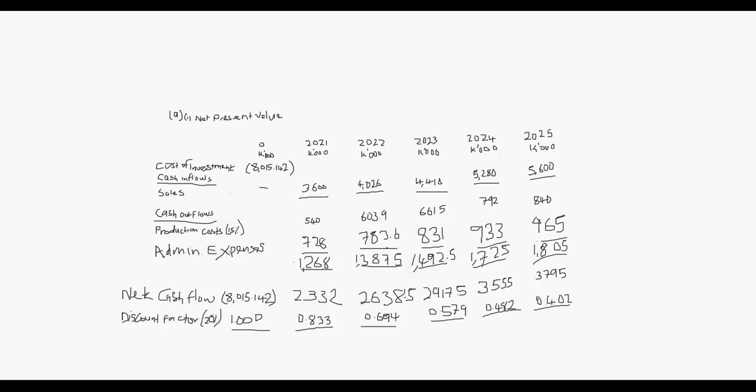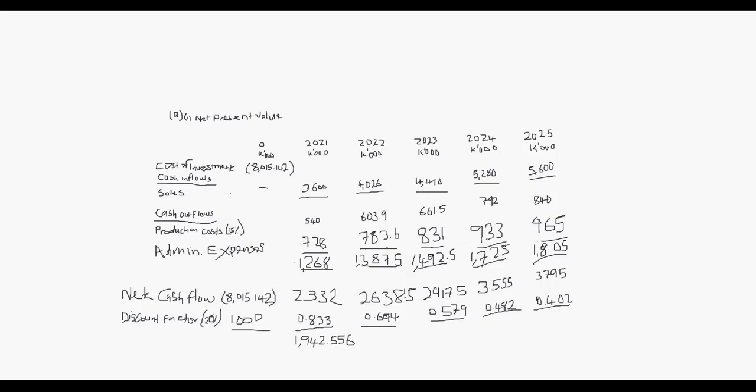The first one is 2,332 times 0.833. We are going to have 1,942.556. Just write it in full.